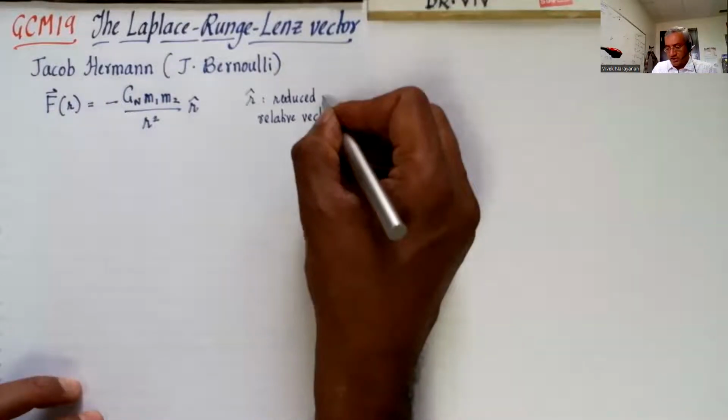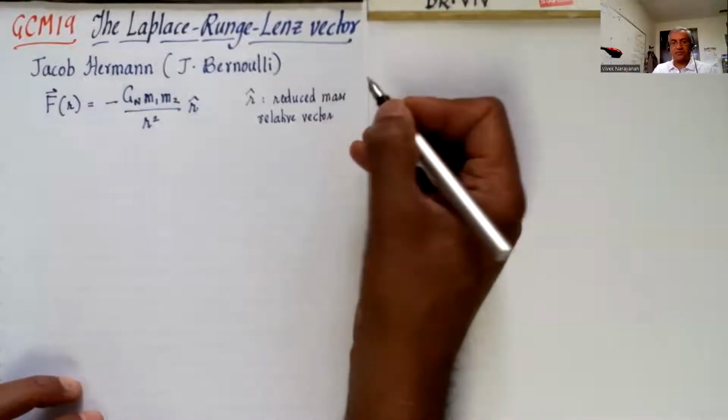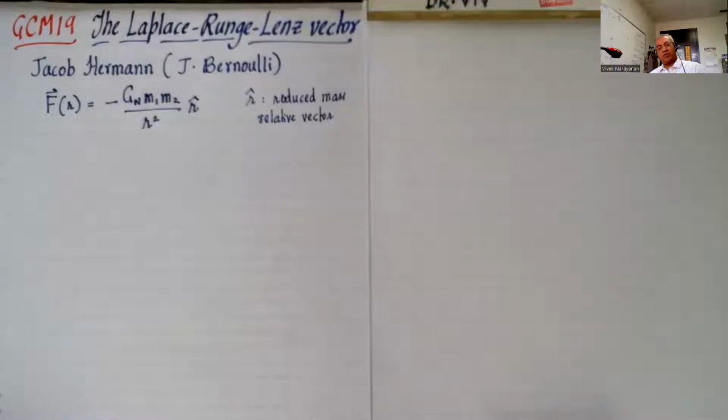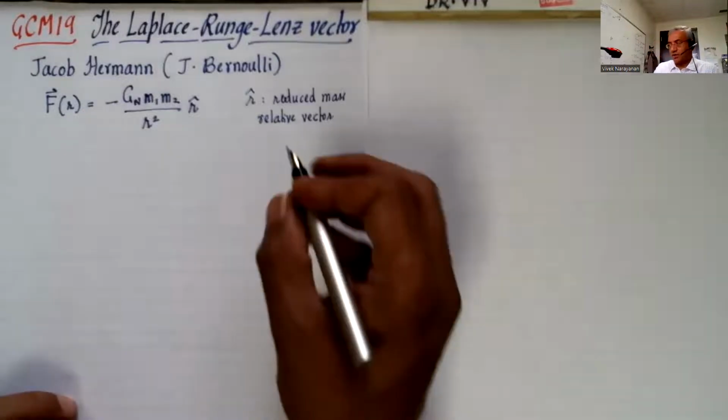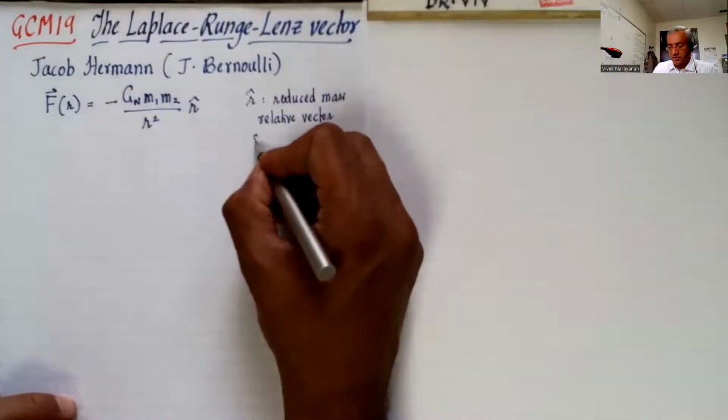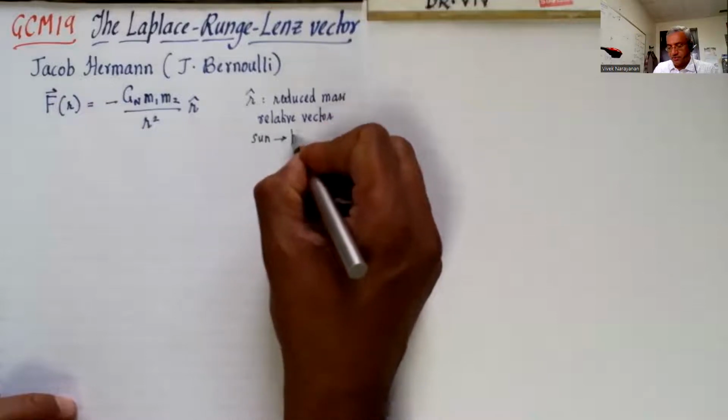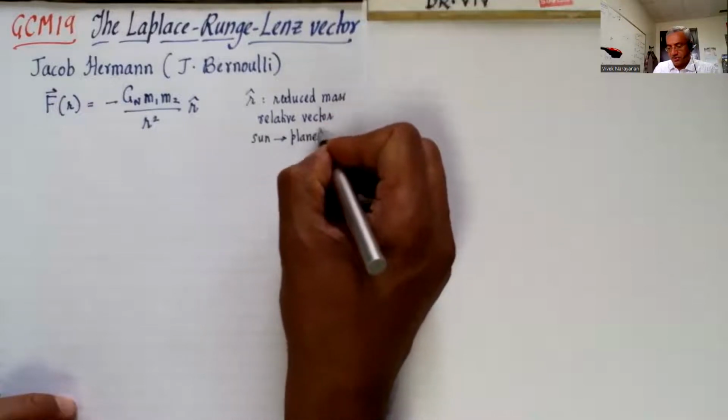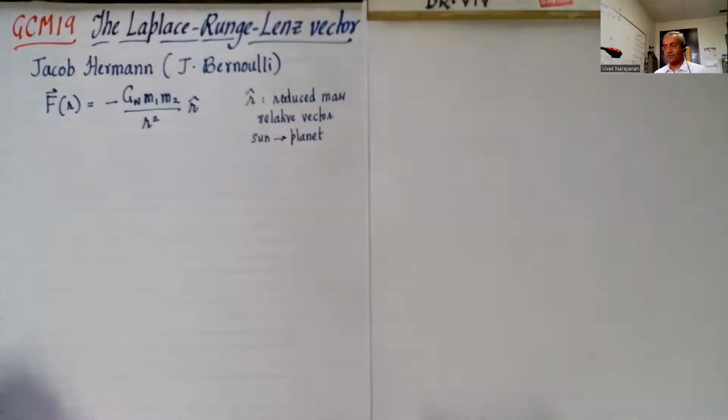I sometimes like to call it the reduced mass relative vector. It's a vector that points from object 2 to object 1, object 2 being the sun, and object 1 being the planet. So it should be thought of as the sun to planet vector.